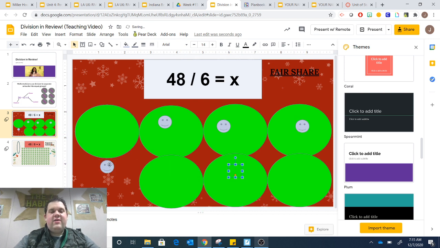So I would like for you to think about how you would solve this using maybe a toolkit in your toolbox, maybe using Braining Camp, maybe using your desk, and help me decide what you think the answer is for 48 divided by 6.